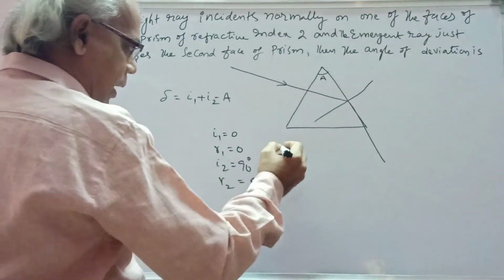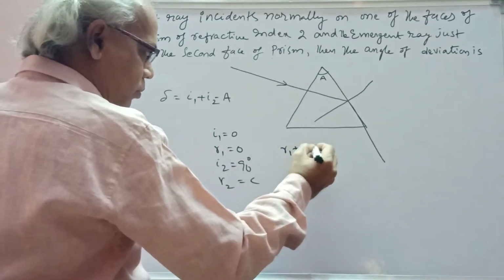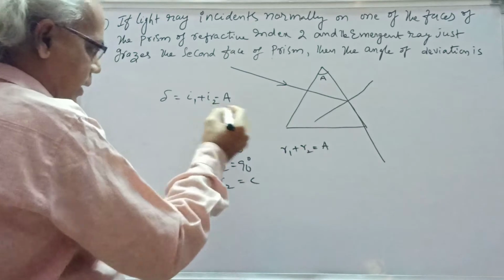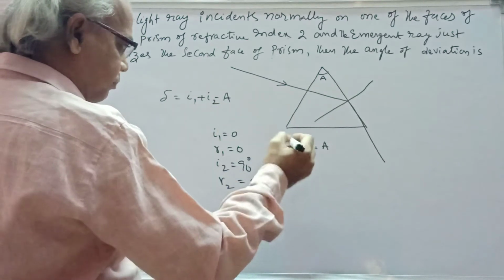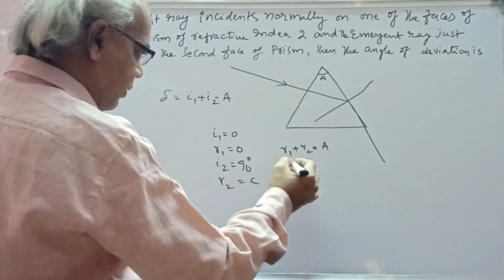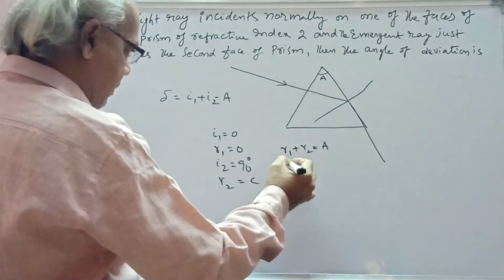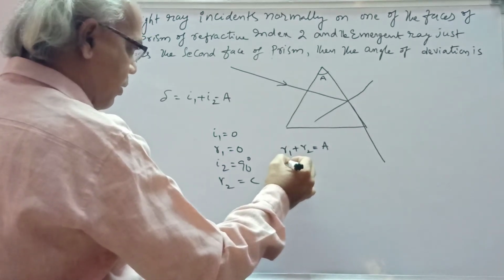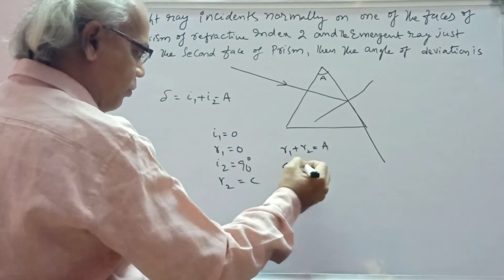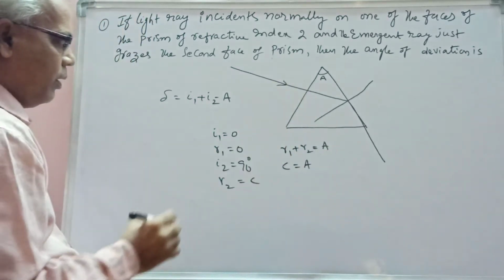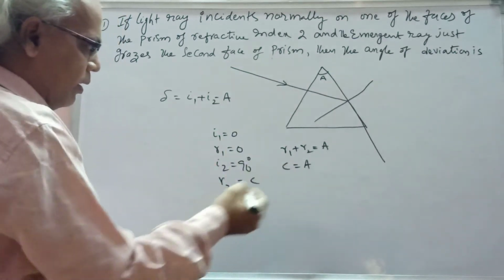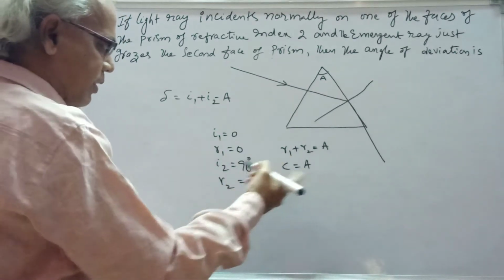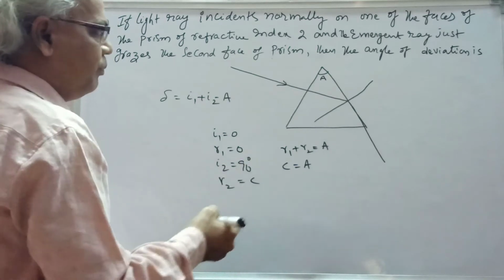And R1 plus R2 is equal to A. Here R1 is 0 and R2 is equal to C, then R2, that is C, is equal to A. So C, the critical angle, is the angle of prism.